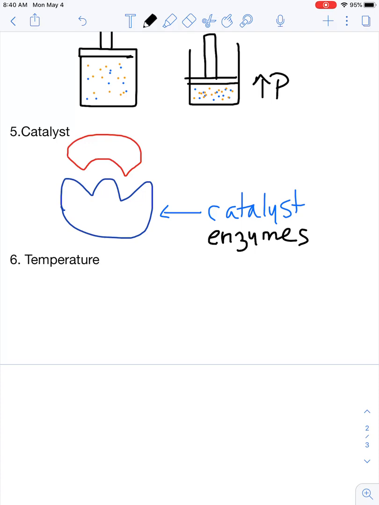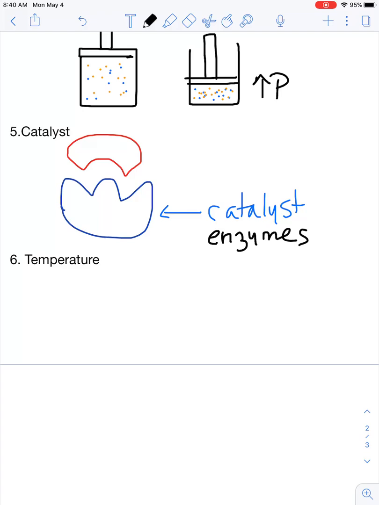In a car, there's a catalytic converter underneath, and it has platinum, which is very expensive. You never want your catalytic converter to die before the car does, because it costs like $1,200. It's a catalyst for the emissions in your vehicle, so that the exhaust is not as bad as it would have been without the catalyst.